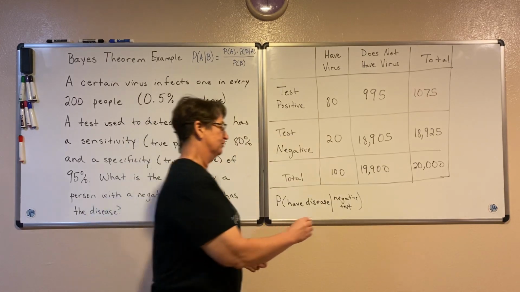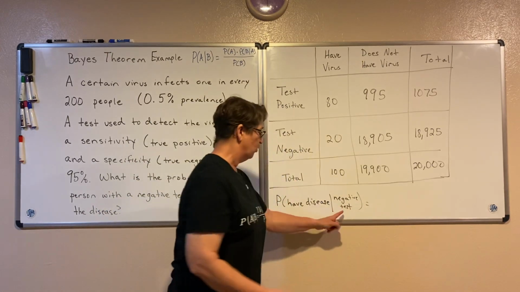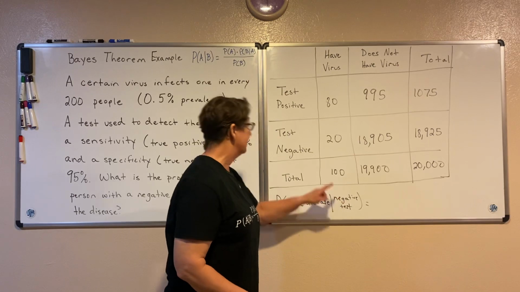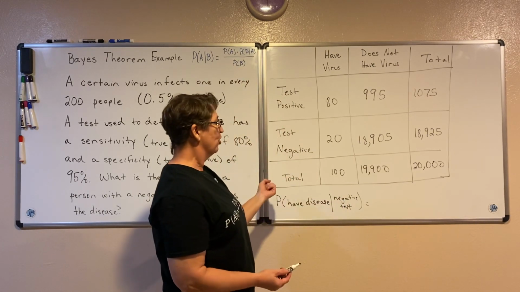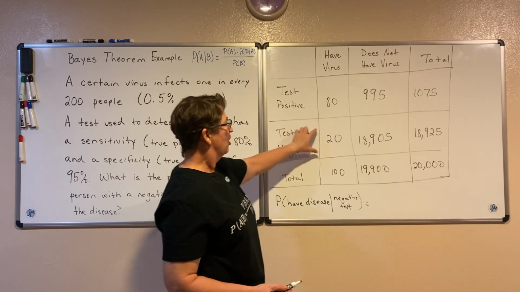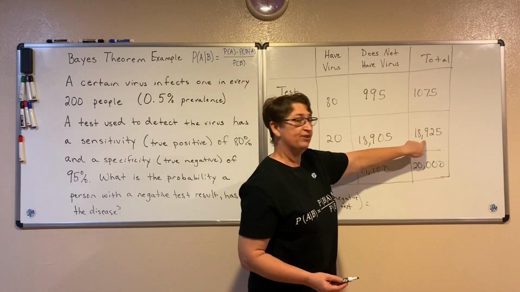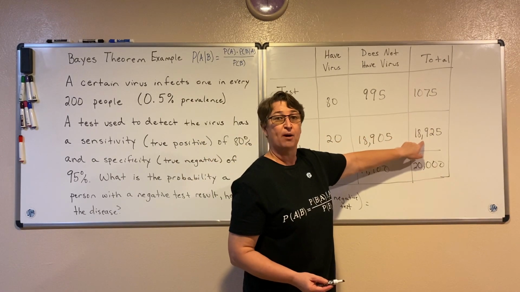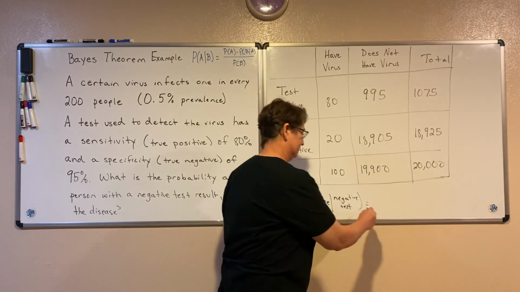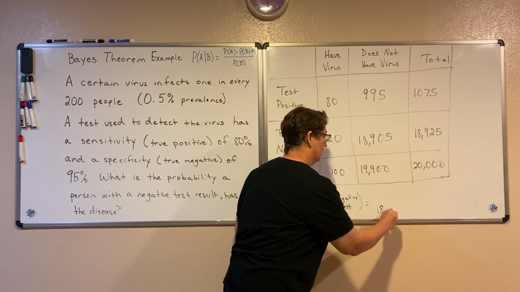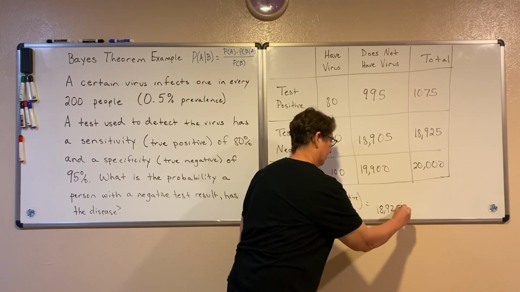So Bayes' theorem itself says, what's the probability we get that negative test? That's going to be in our denominator. So we're going to look at the total number of negative tests, because that's now the total population we're looking at. We're only interested in those ones with a negative test.